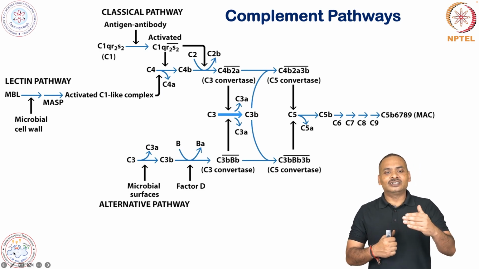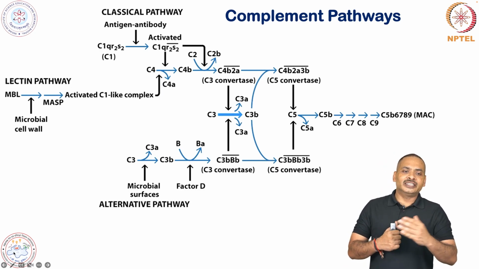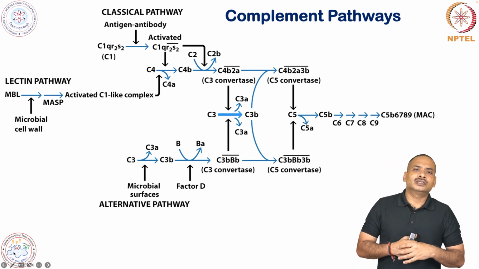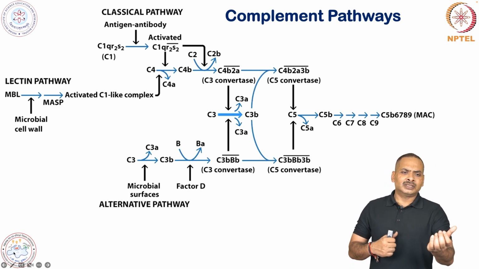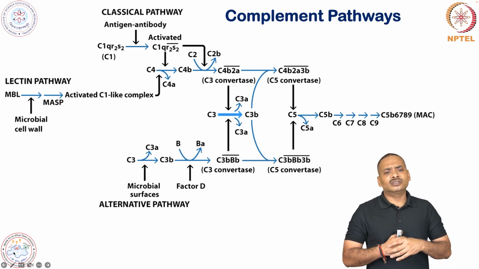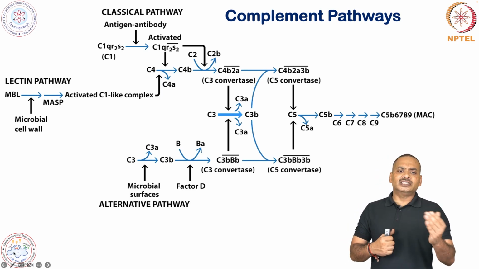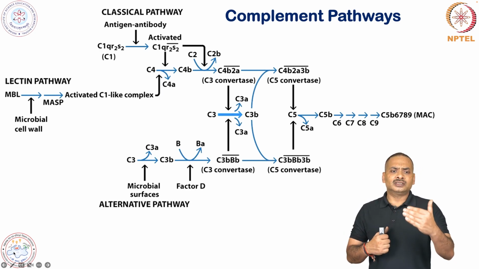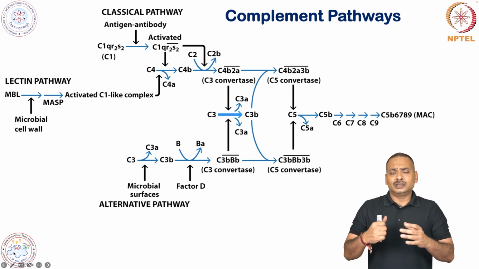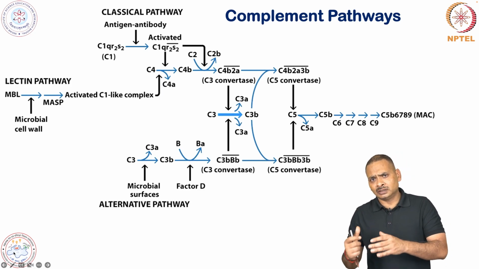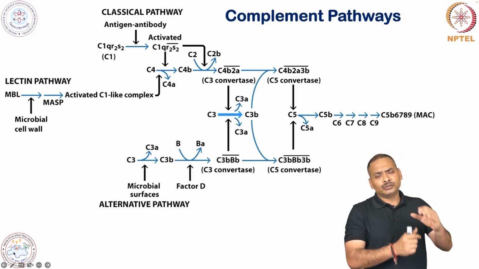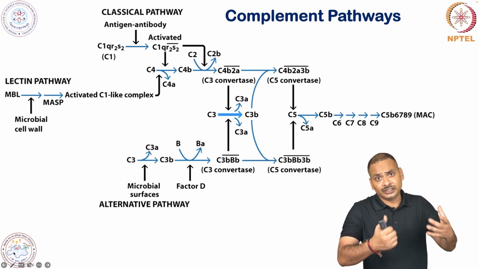You can see the alternative pathway, which is initiated, if you remember the previous slide, by spontaneous hydrolysis of C3, making C3b. This interacts with factor B, which is cleaved and makes factor Ba, a kind of anaphylatoxin that induces inflammation.